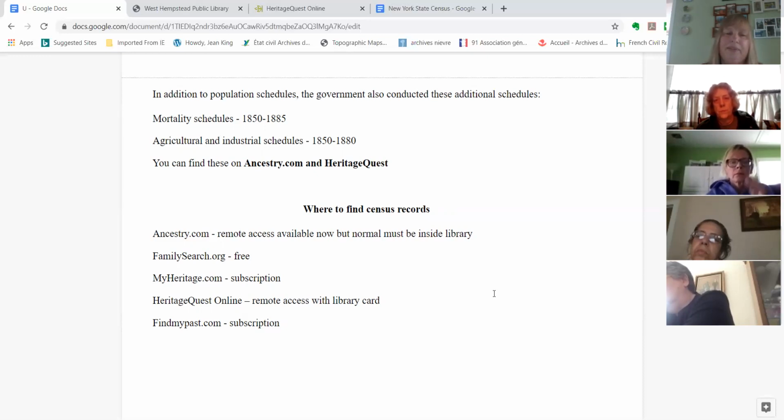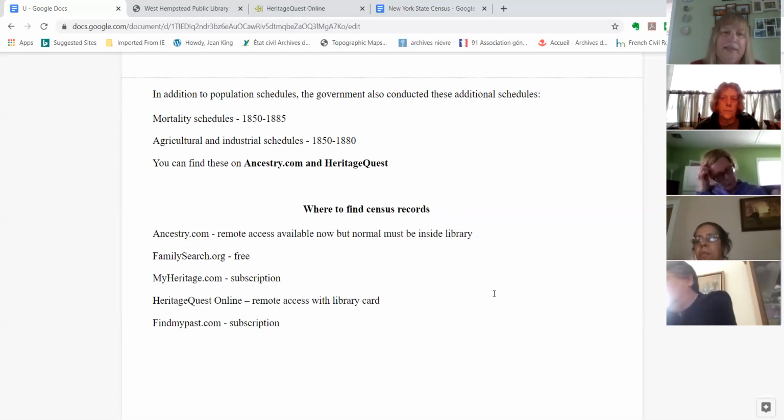And if you happen to live in Suffolk County, you get that for free through your library. Heritage Quest, you can always get from home. And Find My Past is another site that has them, but that's a pay site also.